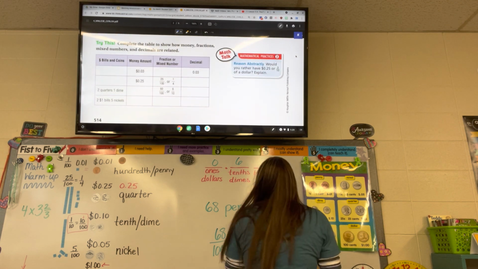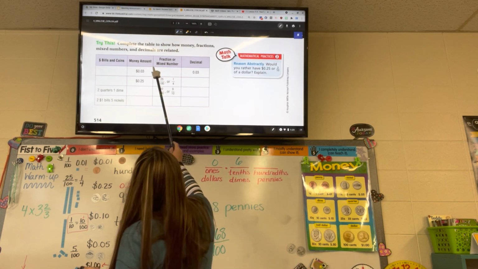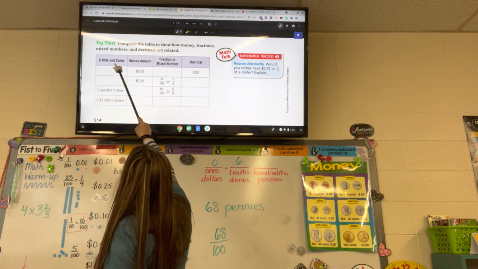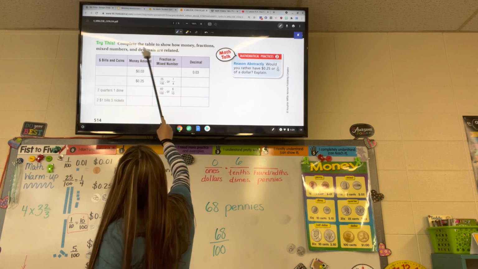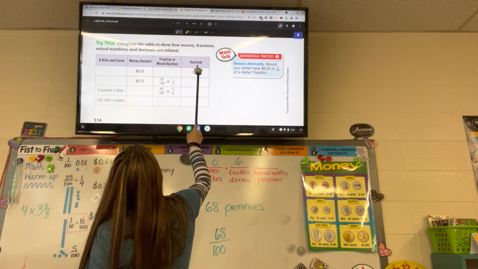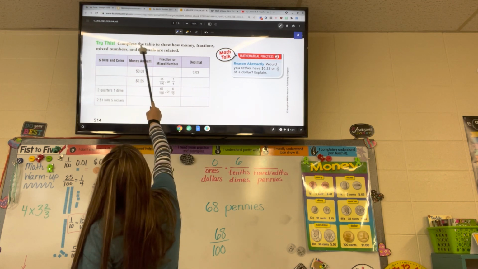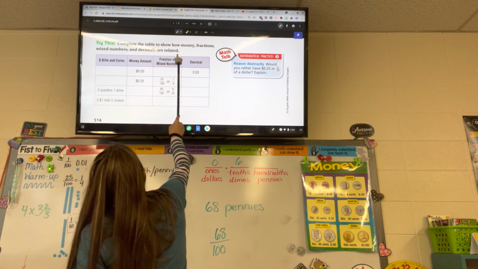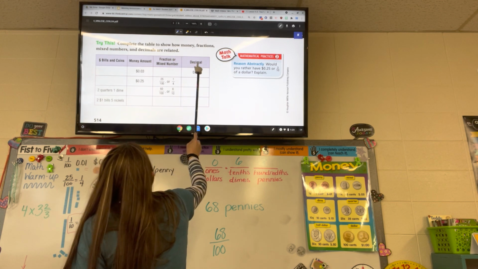Okay, so I think this chart is super fun. So we have bills and coins, money amount, fraction or mixed number, and decimal. It says complete the table to show how money, fractions, mixed numbers, and decimals are related.